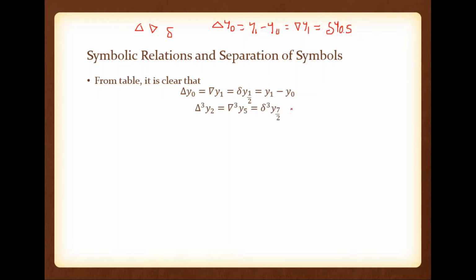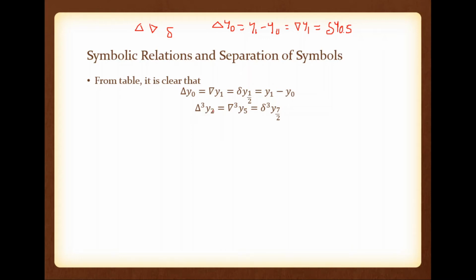Okay, so if you are asked what are the corresponding backward and central difference terms of delta cube y2, delta cube y2 is a forward term. One concept: this is 3 and this is 2.